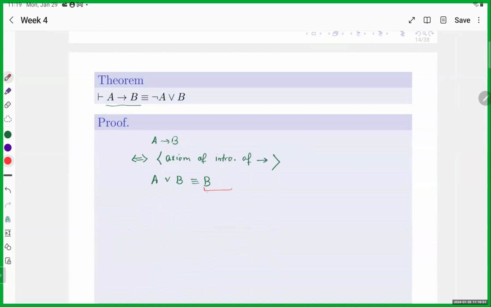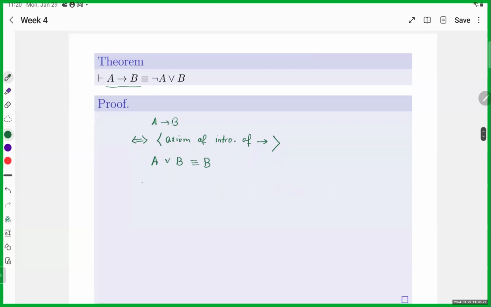If I replace this with bottom or B, then I can undistribute this, and this would be equivalent to A is equivalent to bottom or B, and then this is negation of A. Yes, it works, so let's write this down.